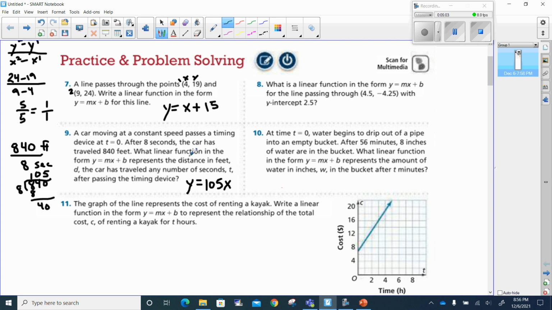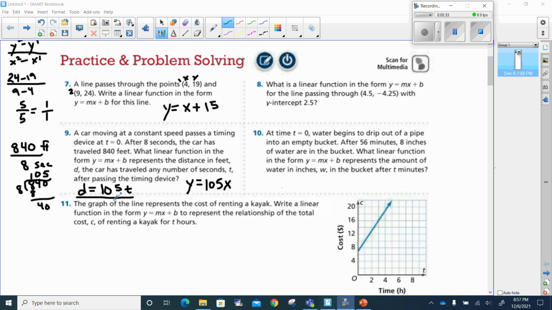So this is saying it represents the distance in feet, D. So I guess we could put this as D equals 105t, t for seconds. So the number of seconds that go by times 105 will give you the distance. So I would say that we would probably want in this form with these letters since they're asking for that.